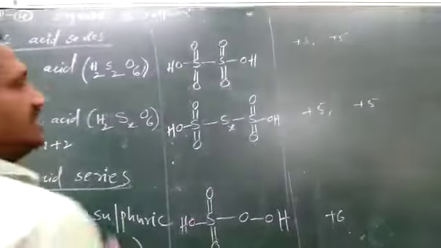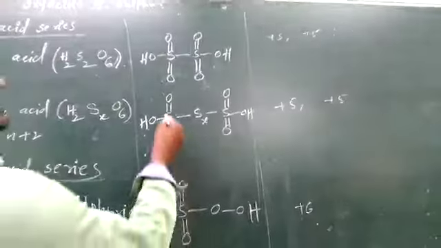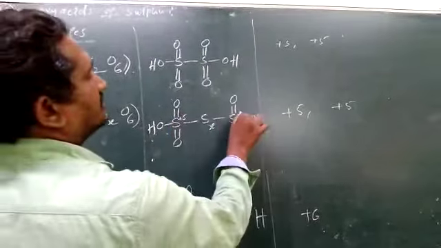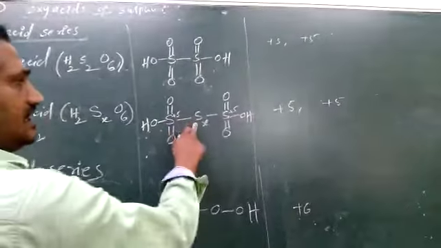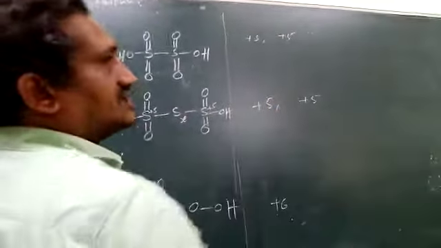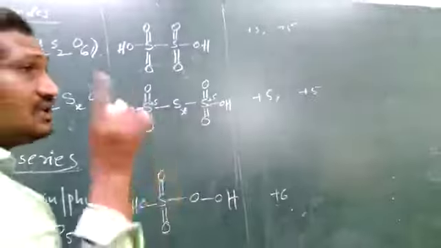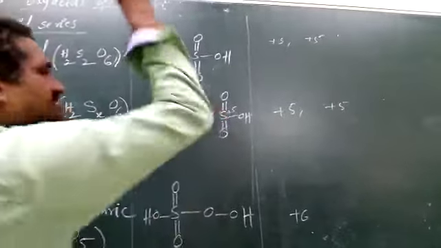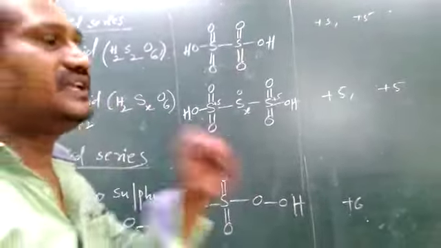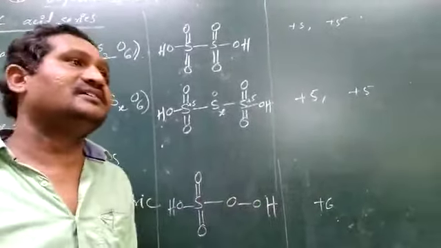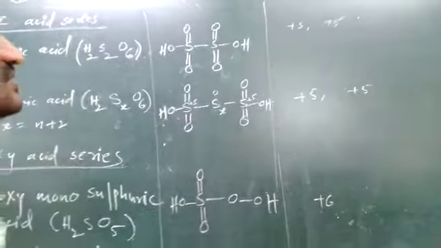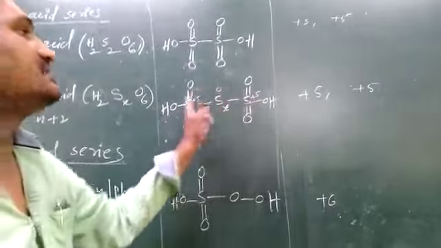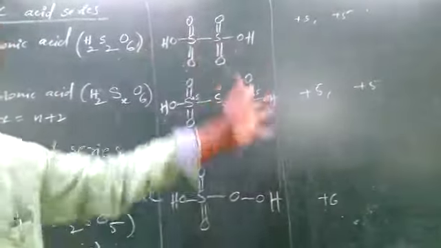The ending sulfurs are +5, and the middle sulfurs are attached only to other sulfurs. If any element is attached to the same element, the oxidation state is considered 0. So the ending sulfurs are +5 and the middle sulfurs are 0.